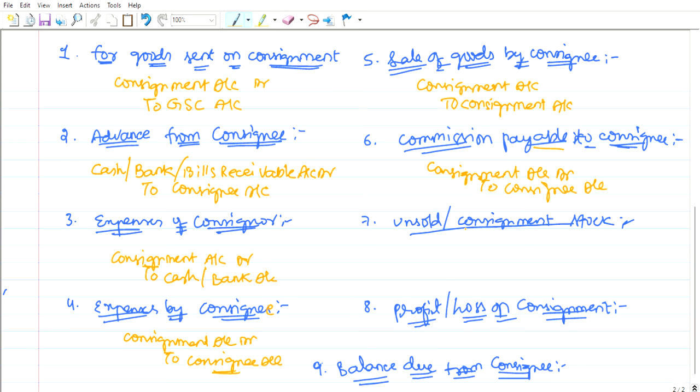Unsold stock on consignment. Consignment stock is a debit balance. So debit the consignment stock account to consignment account.